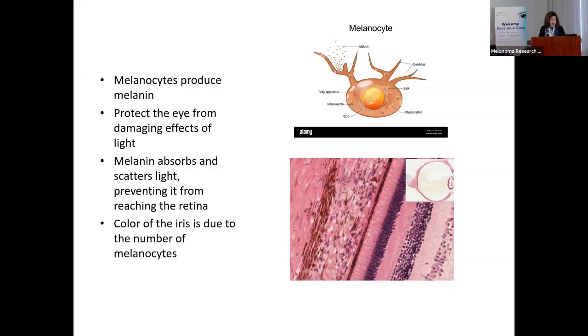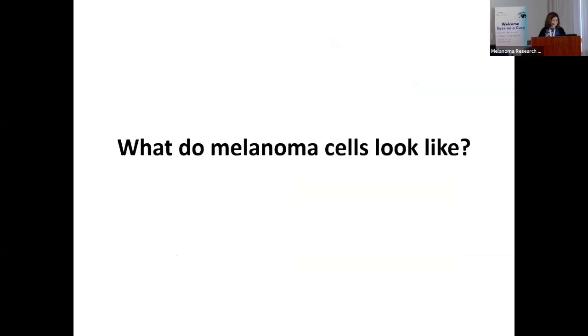So melanocytes make the pigment that protects the eye, as I mentioned. Melanin absorbs and scatters light and prevents it from damaging the retina. That's its purpose. And here is a cross-section of the retina. And here is a melanocyte. Ocular melanocytes have cytoplasmic processes, which are these dendritic extensions that help connect it to the other cells around.